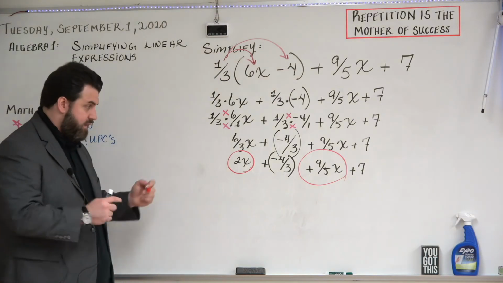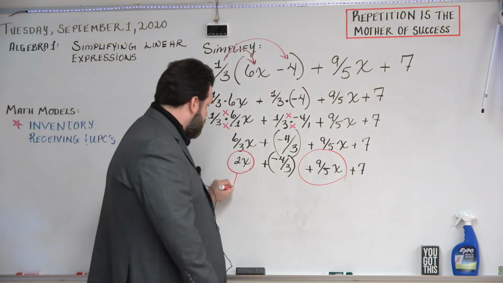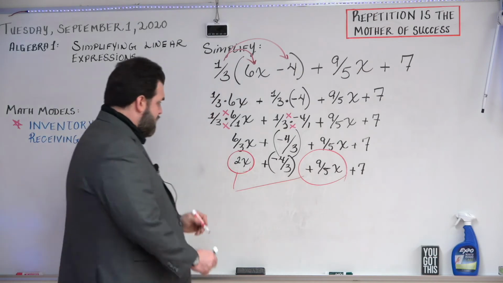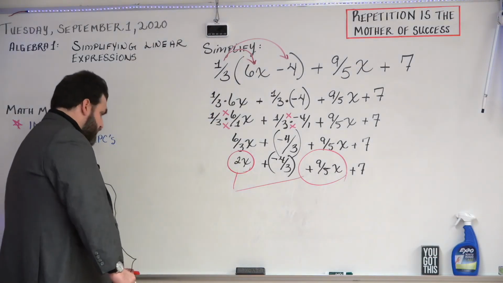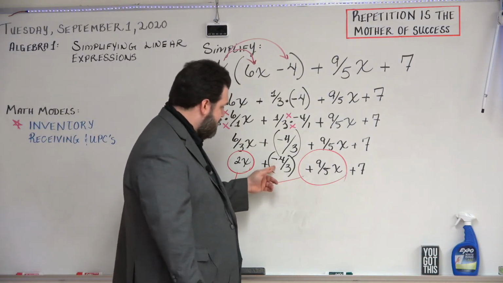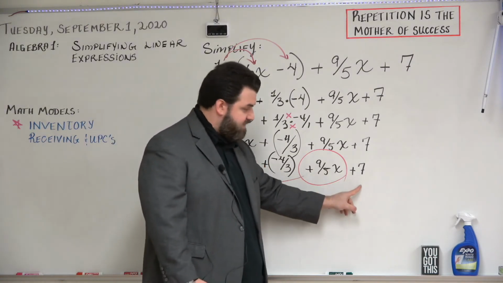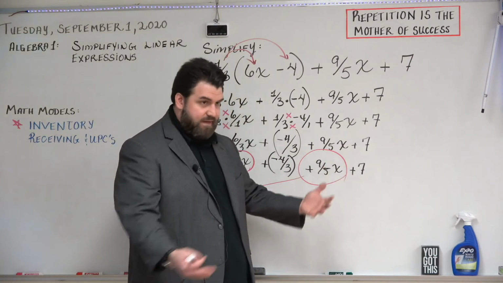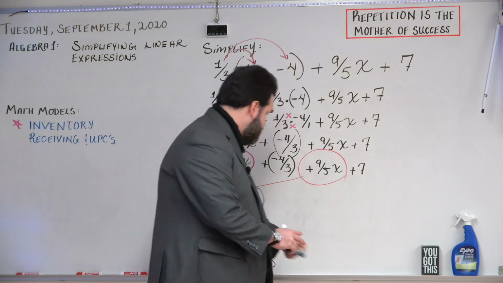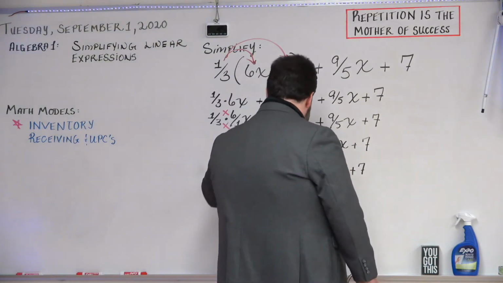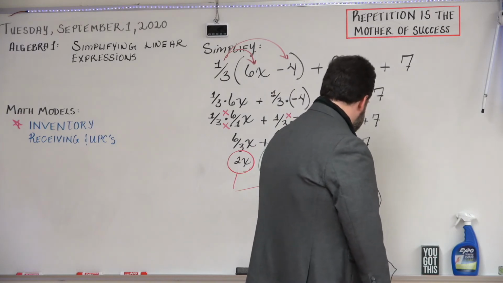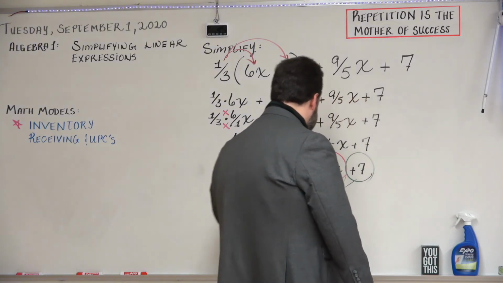Doesn't matter if the leading coefficient's a fraction or a whole number. So we'll combine those together. And then over here I've got -4 over 3. That's a constant. And I have 7, which is a constant. I can combine constants. Okay. Those will go here.